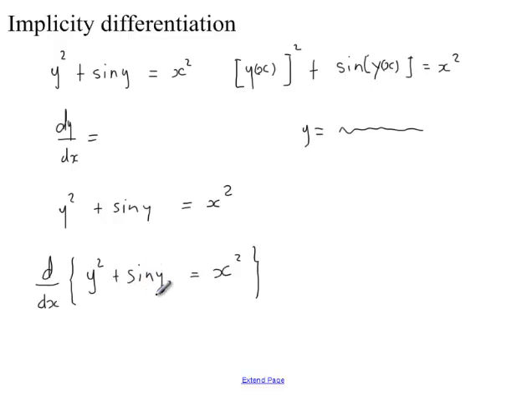Which rule do you think we're going to need here? We've got power rule, chain rule, sum rule, a rule which deals with the quotient, constant multiplied by a function. What do you think we're going to use here? I'll remind you. We're going to use chain rule. Okay, thanks. Somebody is saying chain rule. What are we going to do? We're going to call upon the immediate derivative of sine.